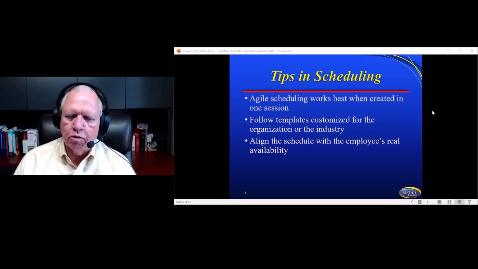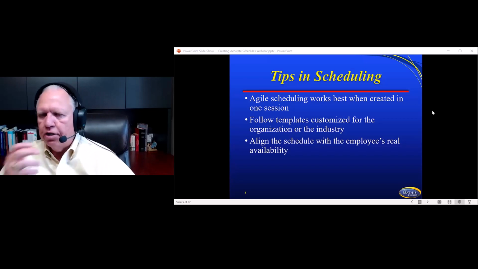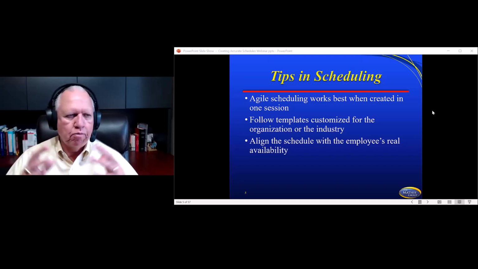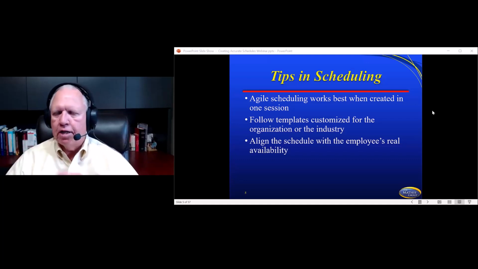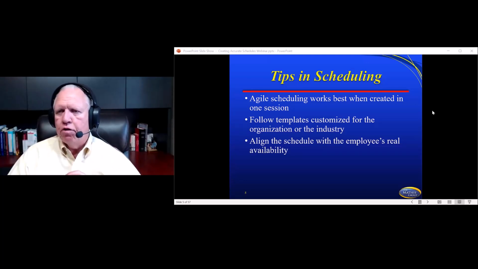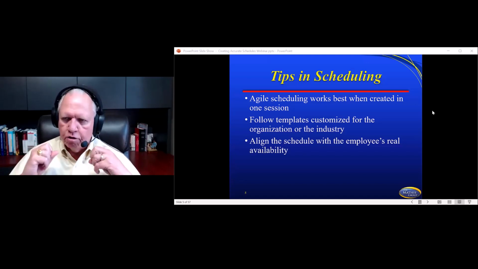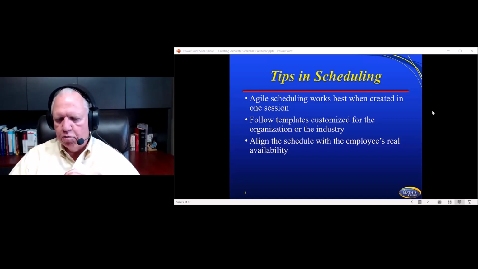So agile scheduling works best when created in one session normally. You find a team in an agile session trying to plan out your sprint. The team, a lot of times with the product owner, are working together and negotiating what the time period is going to be. Depending on the agile method you use, many organizations will use somewhere between 1 to 4 weeks as a sprint, because once again, you're trying to get value to the customer faster, so you're trying to hand it off to them as quickly as possible.